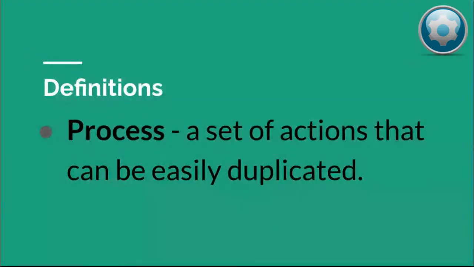They could be easily duplicated, or they're repeatable, whereas a project is, you could say that it's repeatable. We use the elements of one project to estimate another project. And for those of you who are familiar with analogous estimation, that would be one way that we would move forward with that. But it's important to understand the difference between a project and a process.